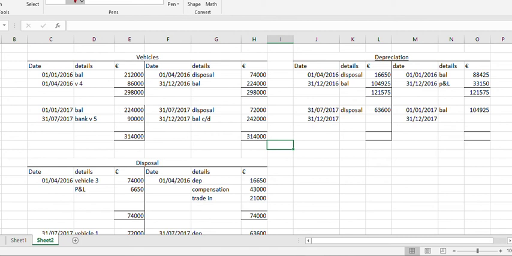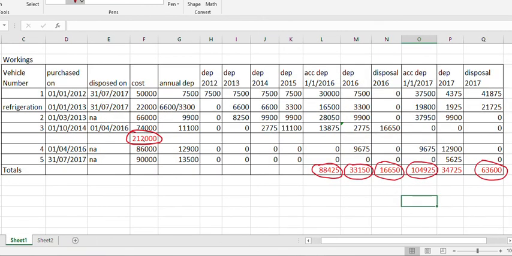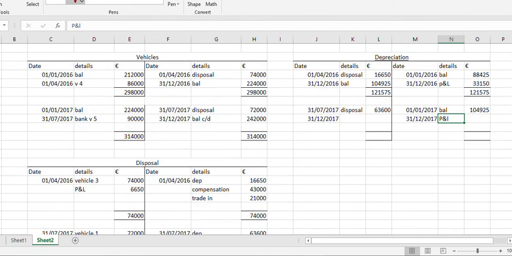Let's now do the depreciation. So last thing we have to do, the profit and loss balance for the year for 2017. We go back to our workings. This is the figure right here, 34,725. Add up both sides and balance this off.